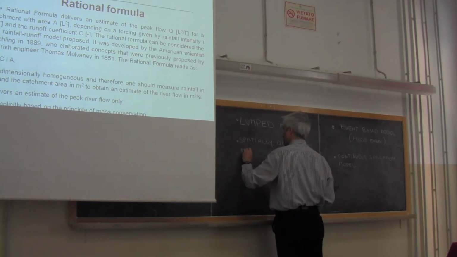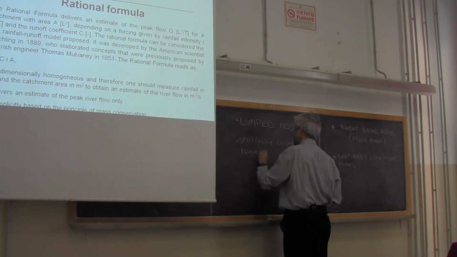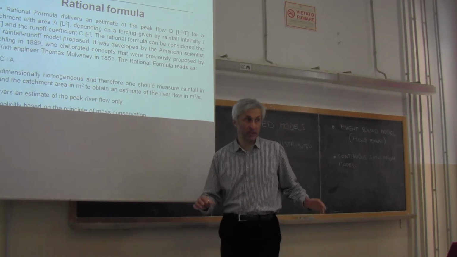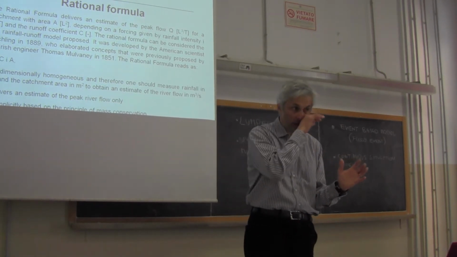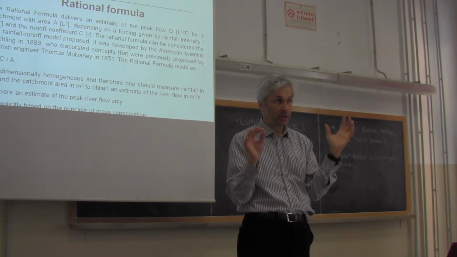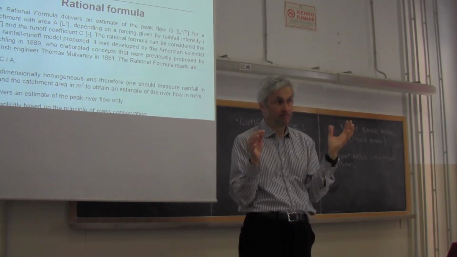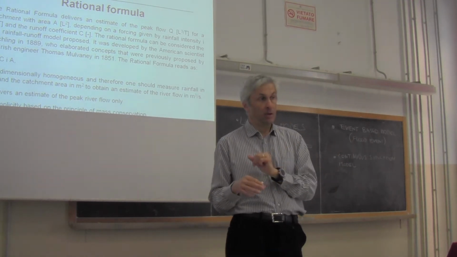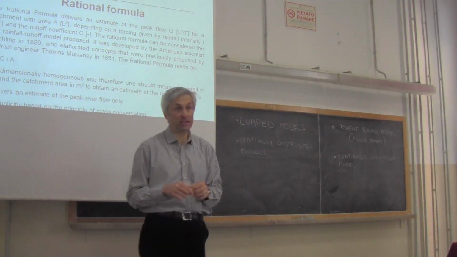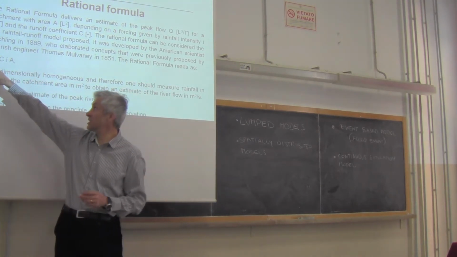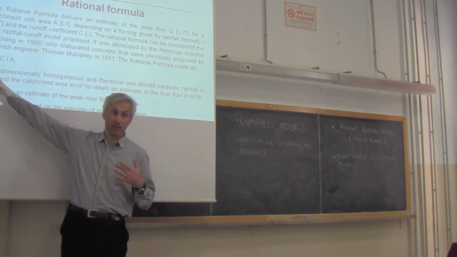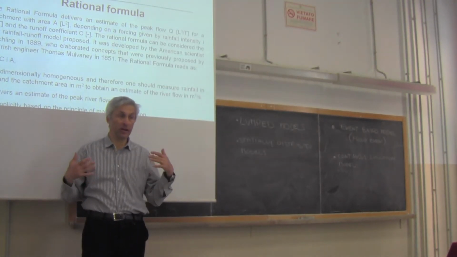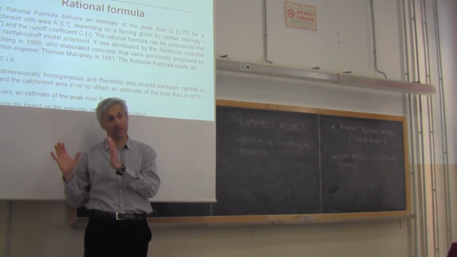What's the difference? First, let me say that the rational formula is a lumped model. Lumped because the catchment is considered as a lumped entity, as a whole, as a unique entity. Lumped means concentrated. Here you see that as an output of this model, you just see the river flow at the considered river cross-section. You don't know anything of what happens in each location of the catchment.